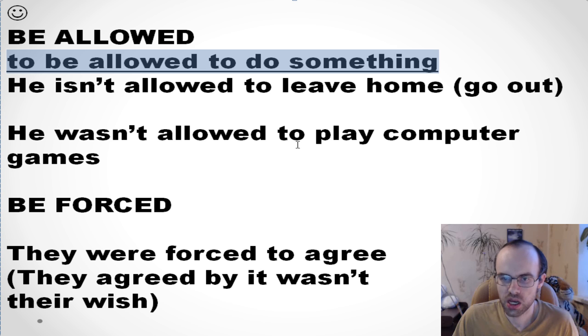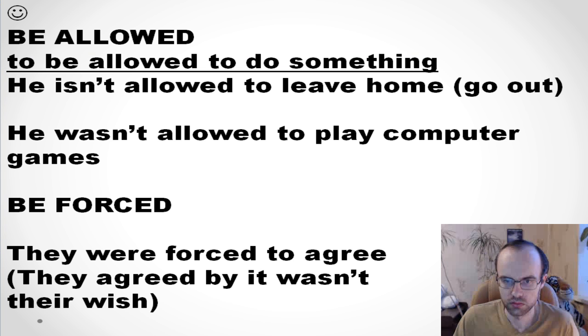He isn't allowed to leave home, or he isn't allowed to go out. It means that he can't leave home because of someone, or he wasn't allowed to play computer games. So okay, maybe his parents told him no, you can't play computer games.